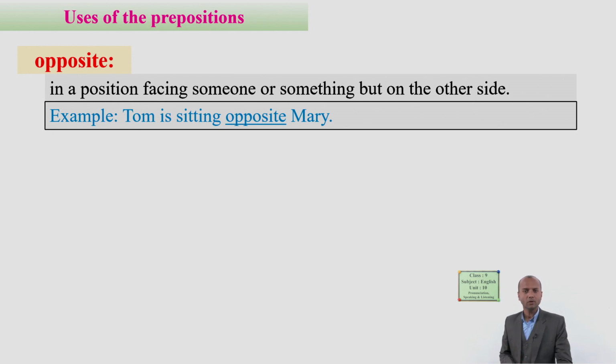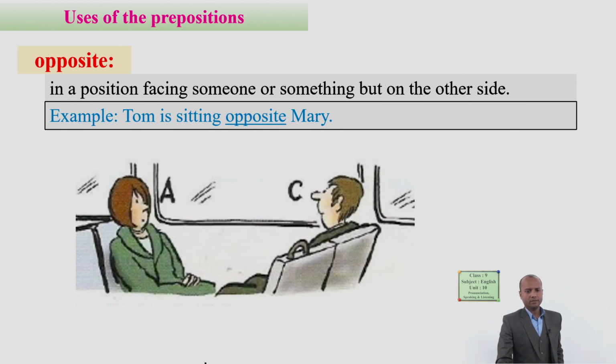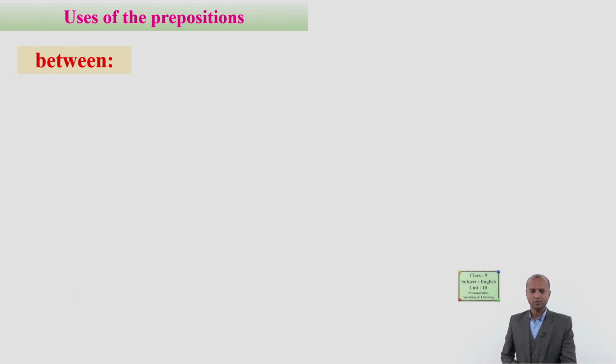Yes, I do have one. Do you want to look at it? Yes, very good. So here, perhaps they are traveling somewhere, okay, and Tom is sitting opposite Mary. They are facing one another. Clear? Okay.